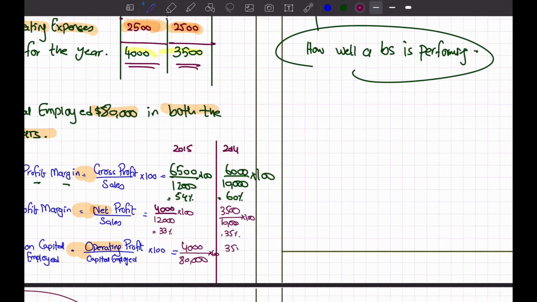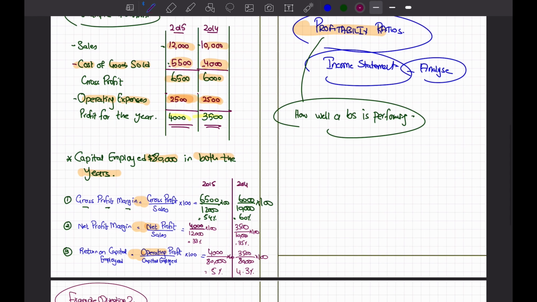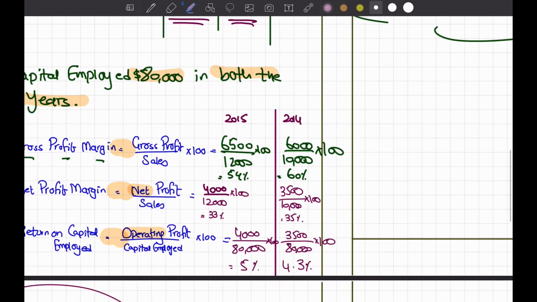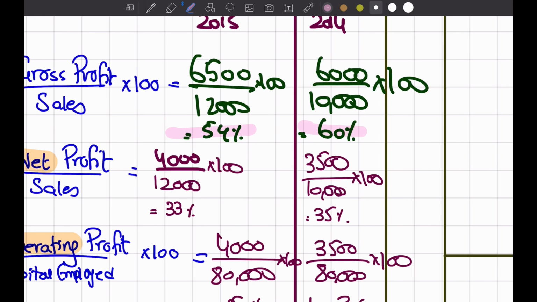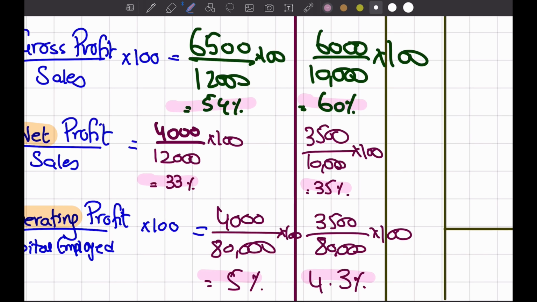Last year it was 3,500 over 80,000, the same capital employed, multiplied by 100. If I divide 4,000 by 80,000, that will give me exactly 5%, and 3,500 divided by 80,000 will give me 4.3%. These are the profitability ratios that I'll have to remember, and I'll have to know how to calculate. It's 54% and 60%, 33% and 35%, 5% and 4.3%.